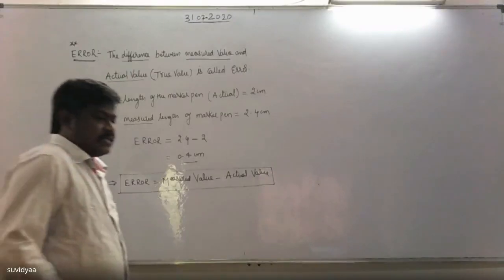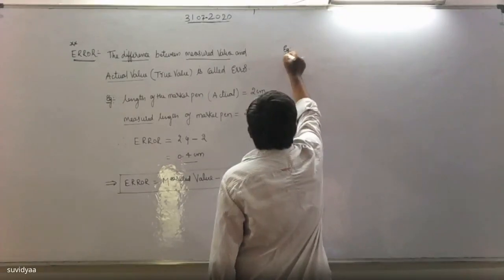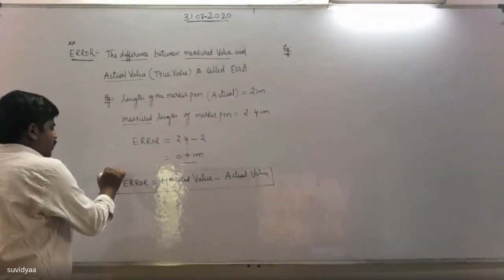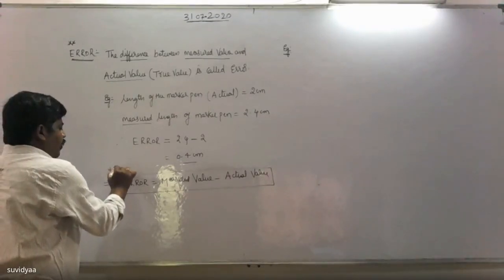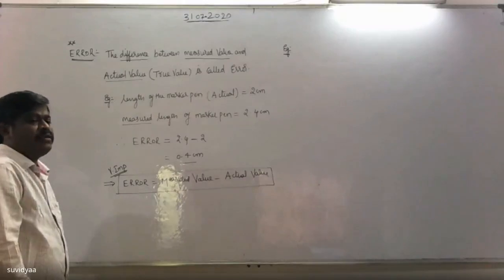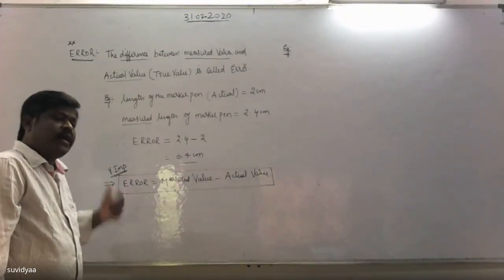Now let us see one more example. What is the very important formula? Remember, what is the formula for error? Measured value minus actual value. So this will give you the error.